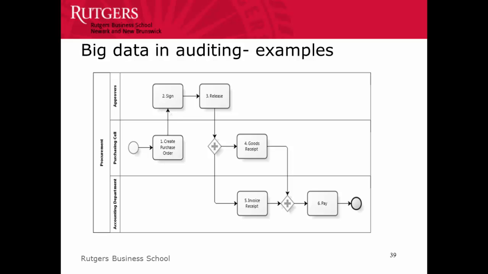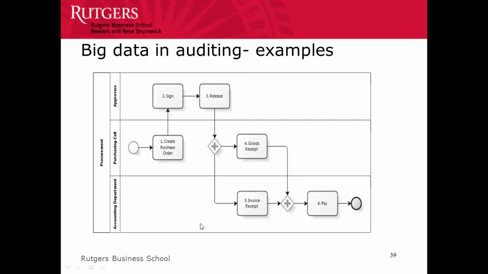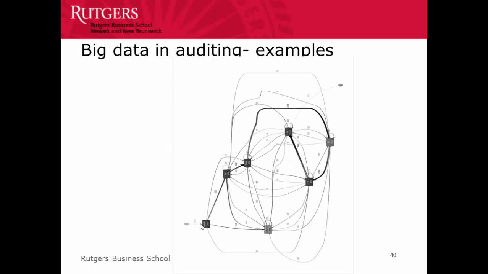So by definition, the control system should ensure that the procedure indeed happens in this order. But this is the result that it showed. You may not see it clearly, but the central points are the same as these procedures like sign, release, goods receipt.